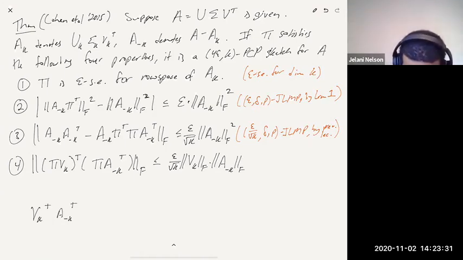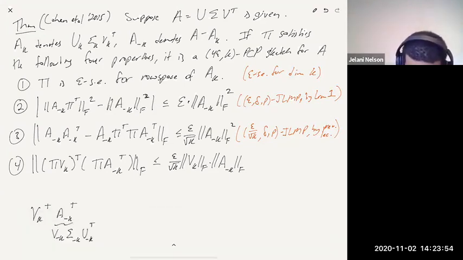Okay. A is U sigma V transpose, which means A transpose is V sigma U transpose. So this thing here is just V_minus-k sigma_minus-k U_minus-k transpose.